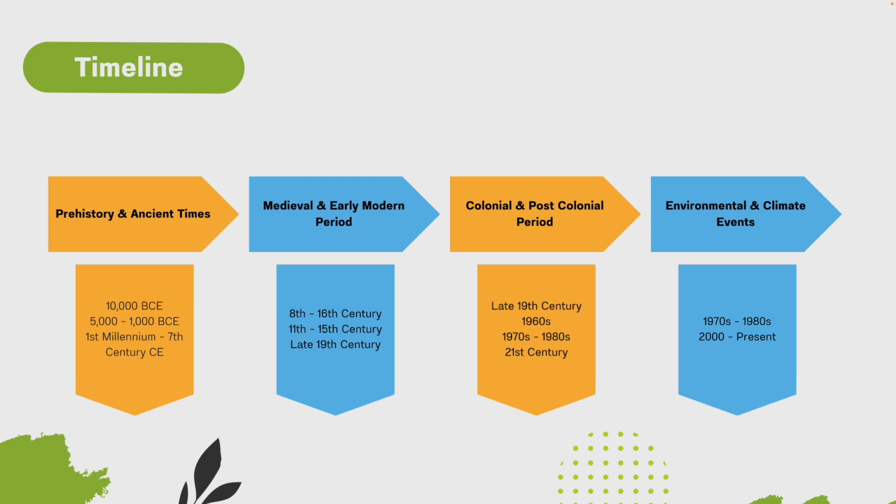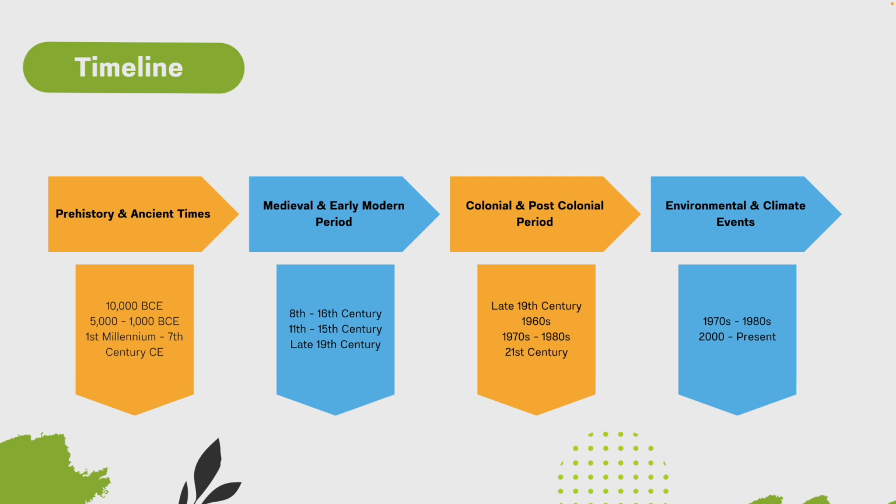So the last in our timeline is the environmental and climate events. We see that in the 1970s to 80s, severe droughts devastate the Sahel, leading to widespread famine and loss of life. Then from the 2000s to the present day, climate change exacerbates environmental challenges in the region, including desertification, soil degradation, and water scarcity, impacting agricultural productivity and livelihoods.